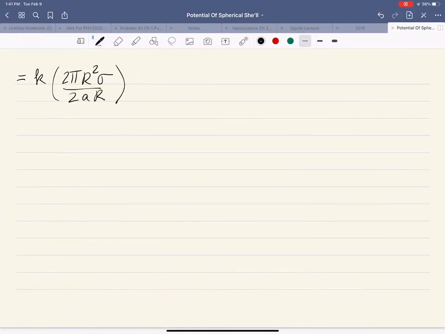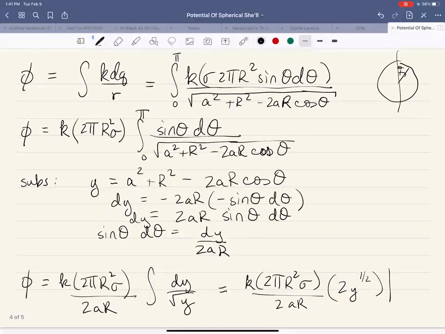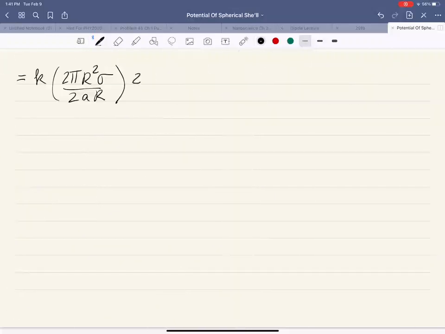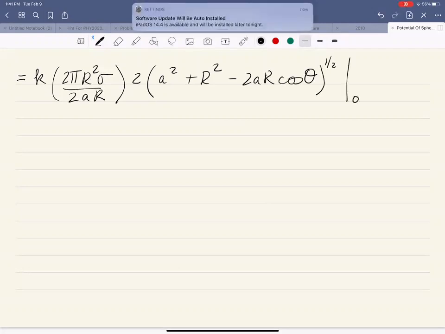And then I have the 2y to the 1/2. And then that's going to be a squared plus R squared minus 2aR cosine of theta to the 1/2 power. And then I'm going to evaluate that from 0 to pi. Okay?